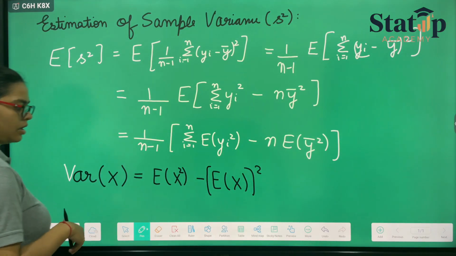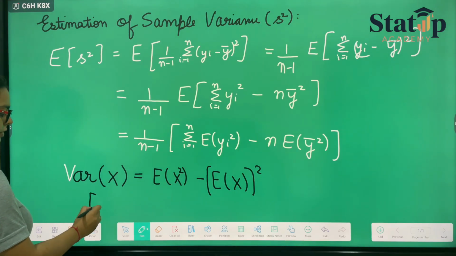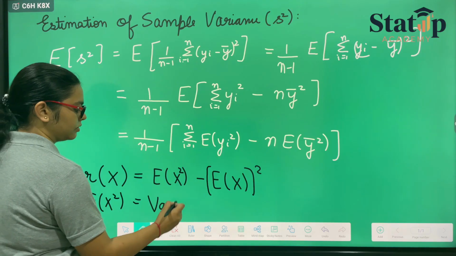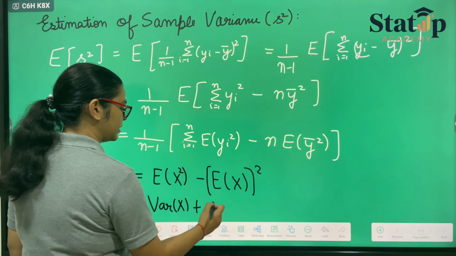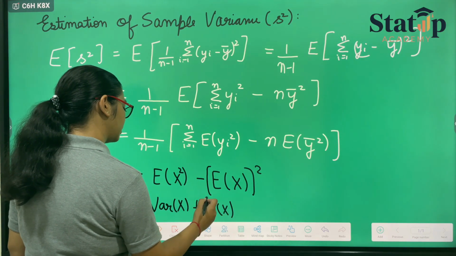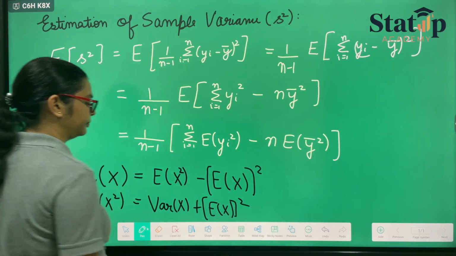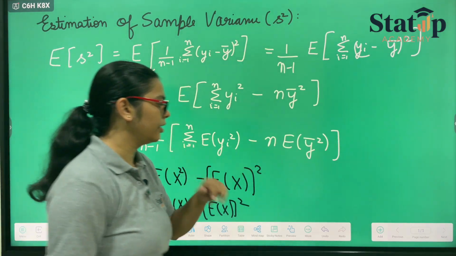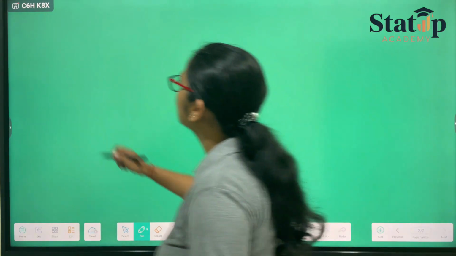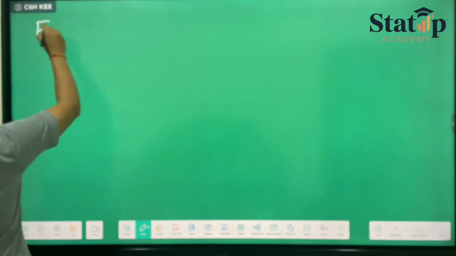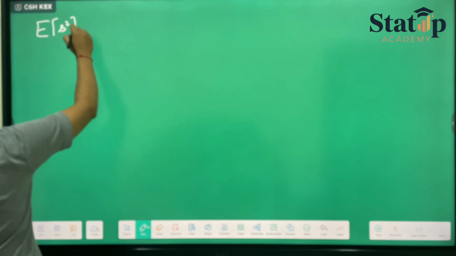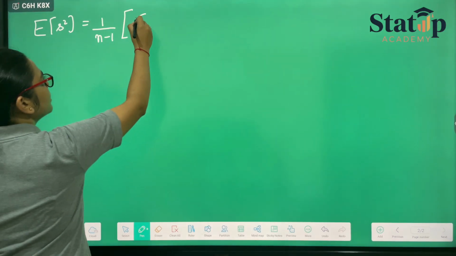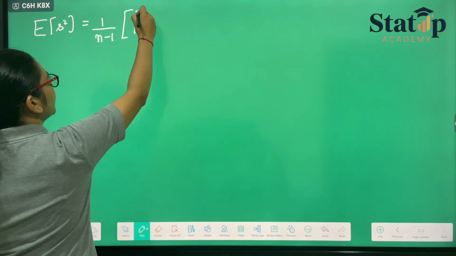So estimation of x square can be written as variance of x plus estimation of x whole square, right? So substituting this value here and here, we will get estimation of s square is nothing but 1 upon n minus 1 bracket summation i goes from 1 to n.